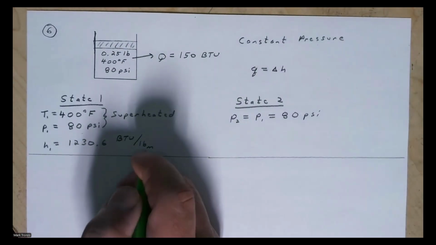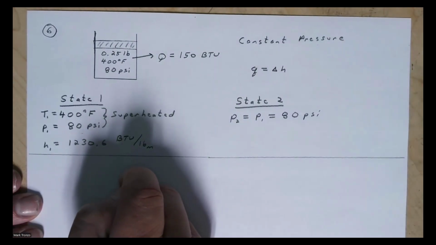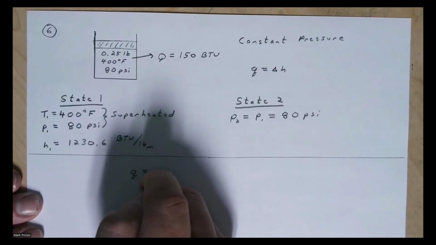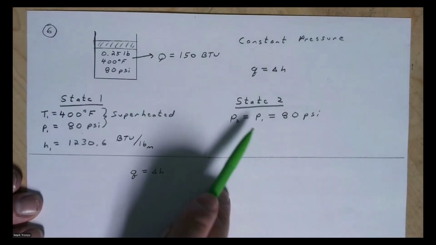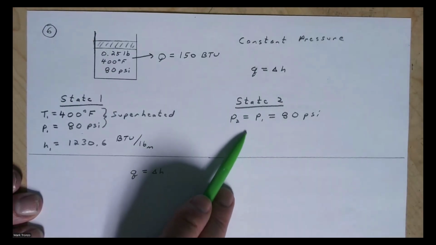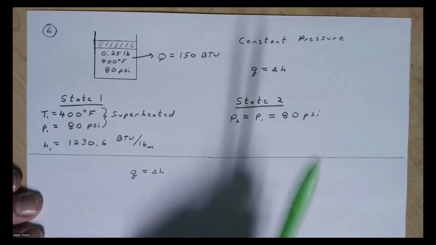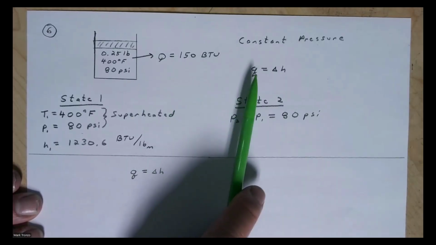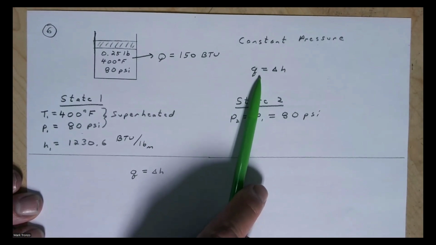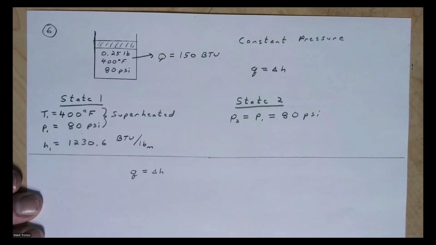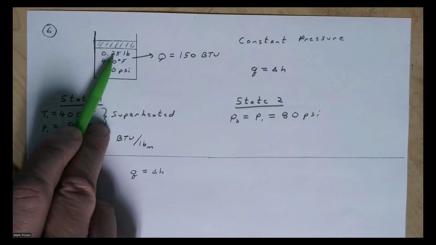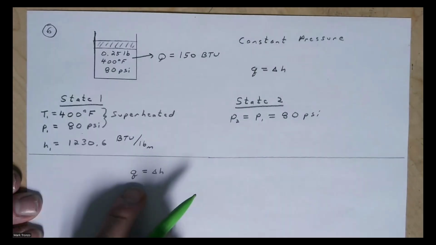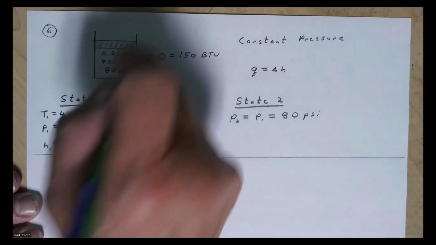Let's apply that down here. We have Q equals delta H. But again, we don't have enough information to find H2 over here, but we can use our heat transfer rate to calculate it. Now, first of all, we should note that we're given the mass here, so we're going to have to use little q in our equation.